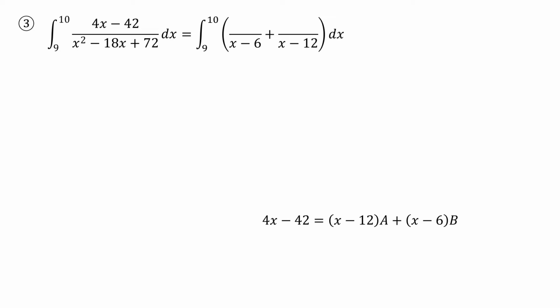Got to figure out the numerators. But I'm like, hey, somehow that 4x minus 42 has to show up. If we let x equal 6, b will disappear, right? Because 6 minus 6 is 0, so 0b, it's gone. So if x is 6, we can quickly deduce that a has to be 3.